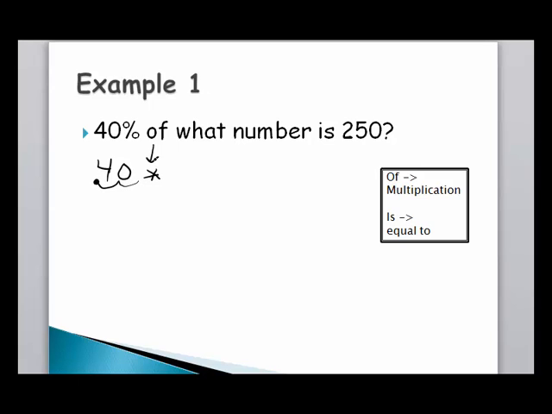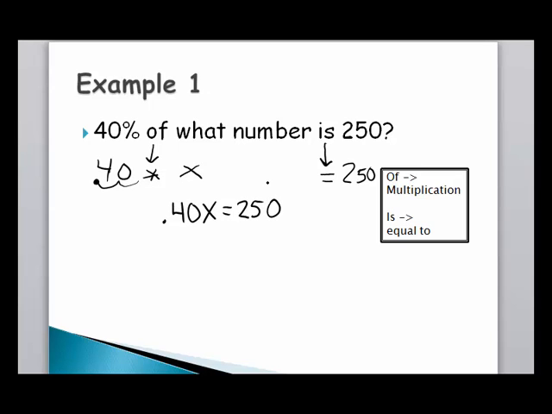40% of what number? And so let's let the what number equal x, since that's what we're looking for. Is, we know that is translates into an equal sign. And then we have the 250. And so we have an equation that looks like 0.40x equals 250.